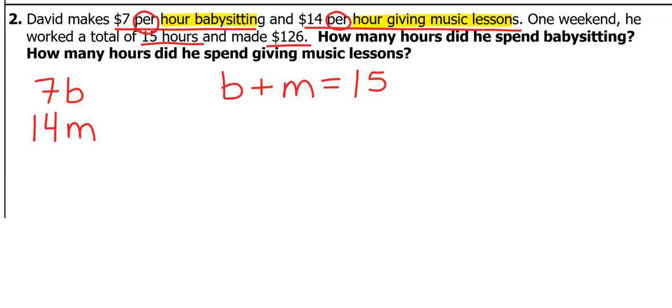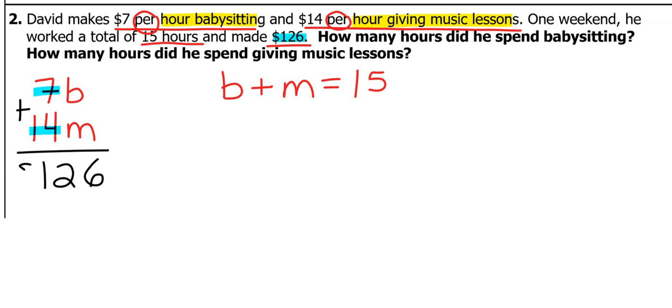$126 doing it. So now we're thinking about the actual price, the dollar amount that he was receiving. So now we're going to take a look at the 7 and the 14. So 7 is the amount that he makes per hour babysitting. 14 is the amount that he makes per hour giving music lessons. And whatever the amount of the hours of babysitting and music lessons, when he added those two values together, he ended up making $126.